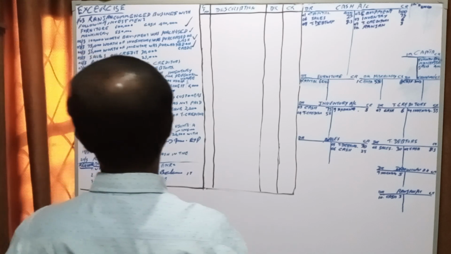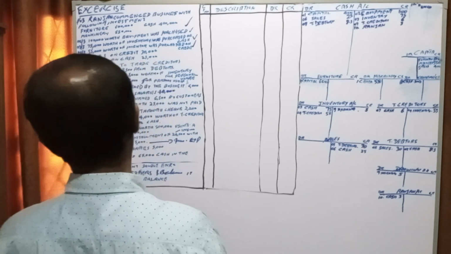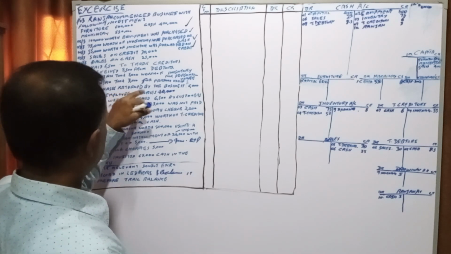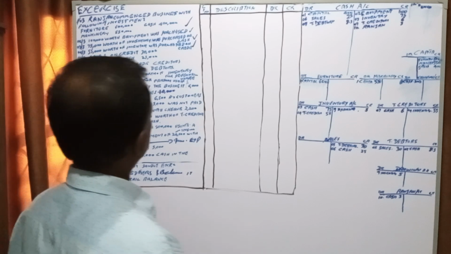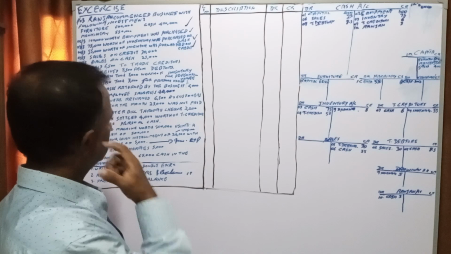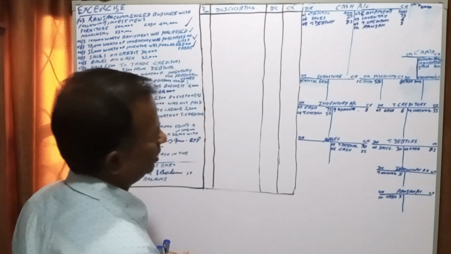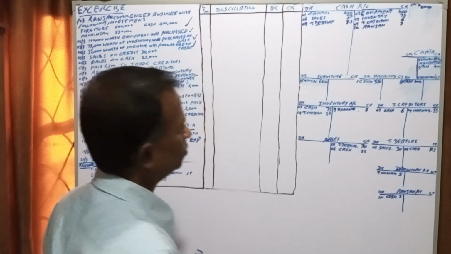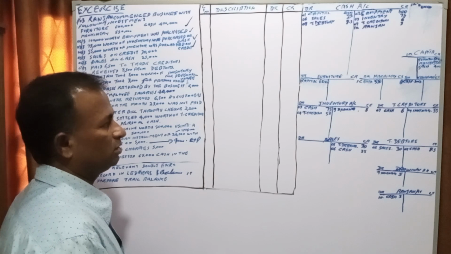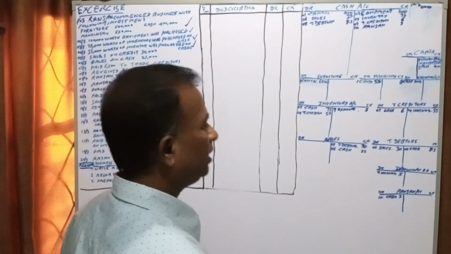And on 11th, the transaction says purchases returned by the business, 6,000 rupees. We have returned back the purchases. 6,000 rupees worth of inventories were returned back to the creditors.